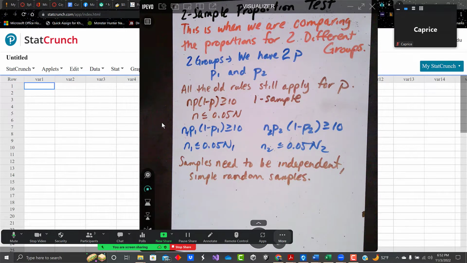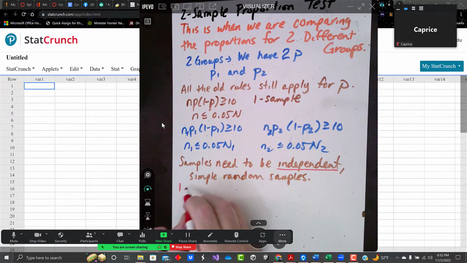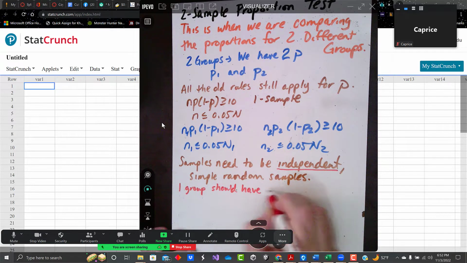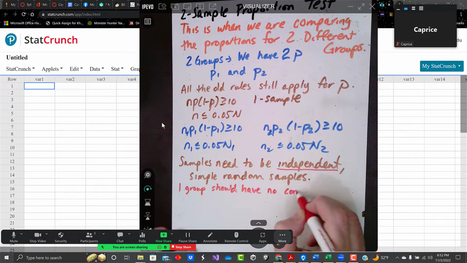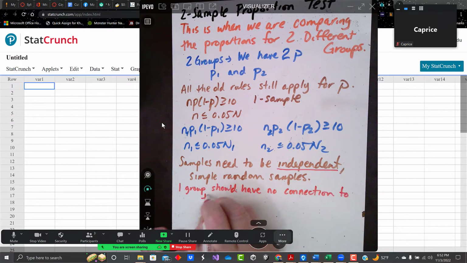So what I mean is, one population or one group shouldn't have a relation to the other, down to a single member.